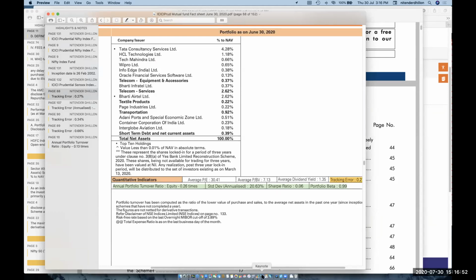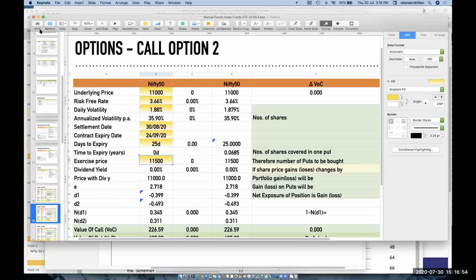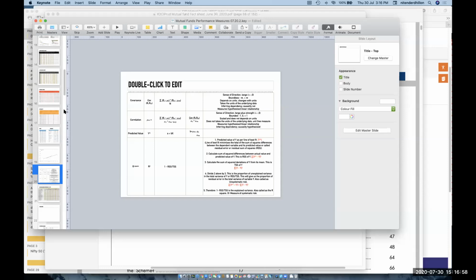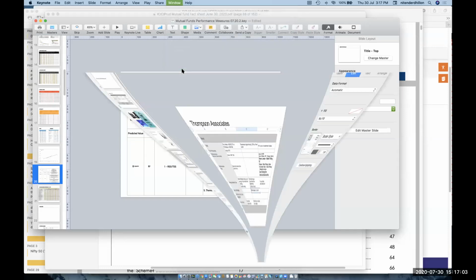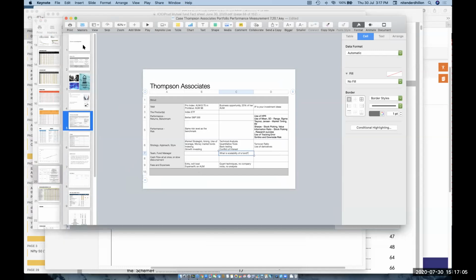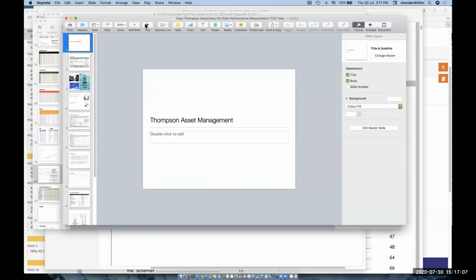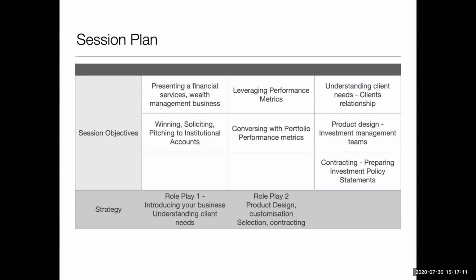And we'll get into this by looking at this case on Thomson. I'll mark the slides across to you later. Okay, so we're looking at this case Thomson, and the primary purpose of doing this case is the following. One is we come face to face with the financial services, wealth management business. We have to solicit for business because that's our major job.